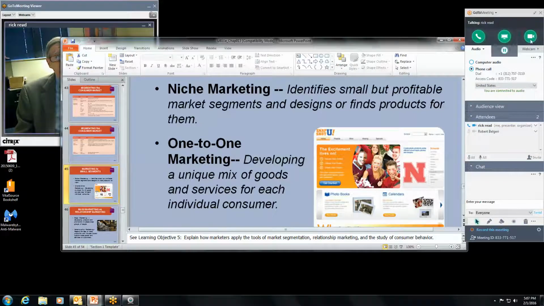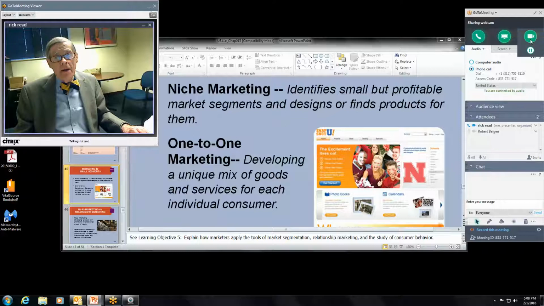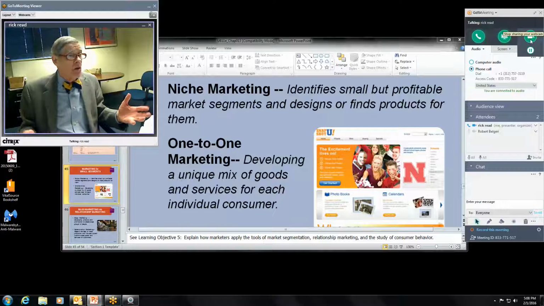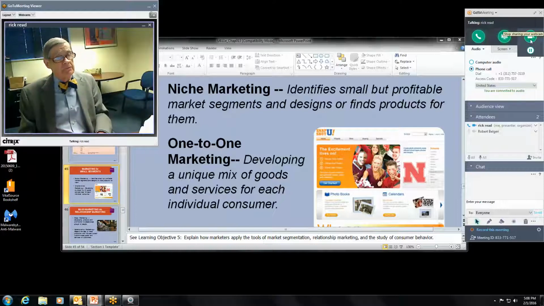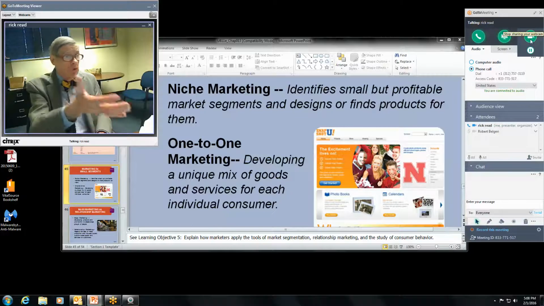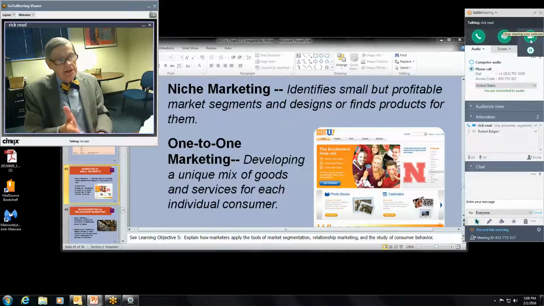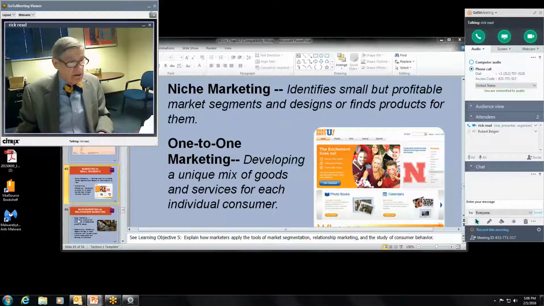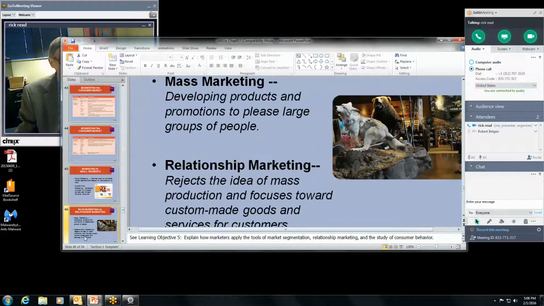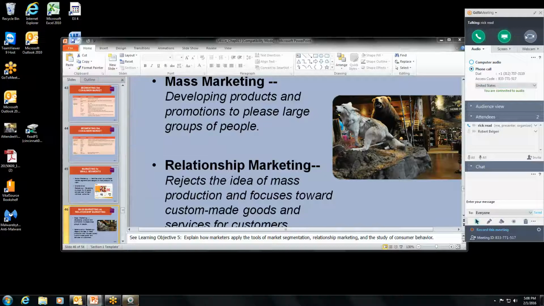Now, this is what I was talking about before, niche marketing. And this is identifying what's known as a small but profitable market segment. And then you're going to design products to meet that, or go into that with a new product and hopefully do that. One-to-one marketing, I'm not going to get into this because that's pretty self-explanatory. We can figure that out and what that does for us. Mass marketing, pretty simple.